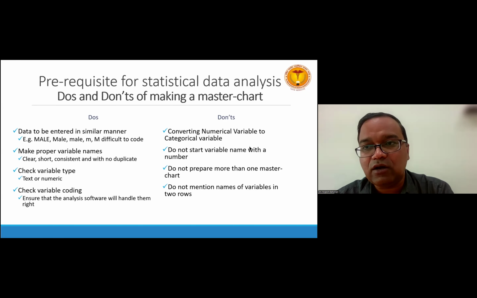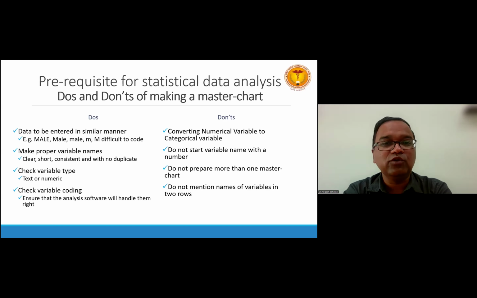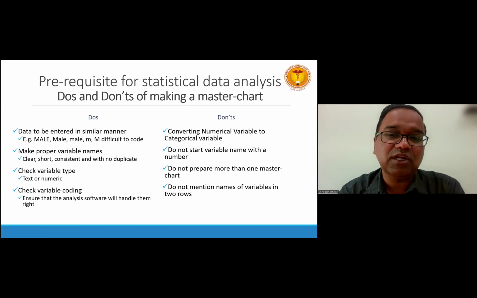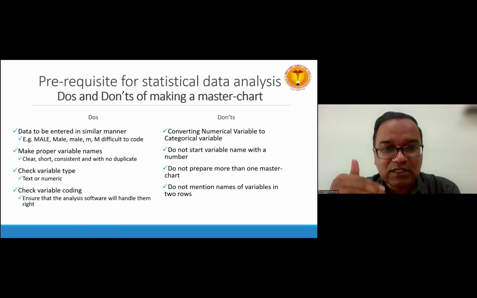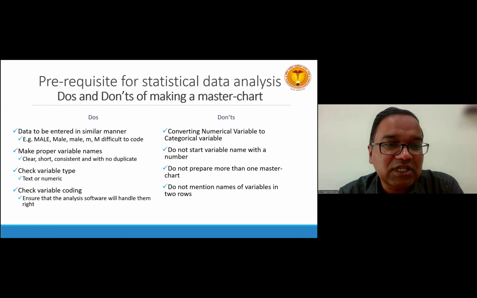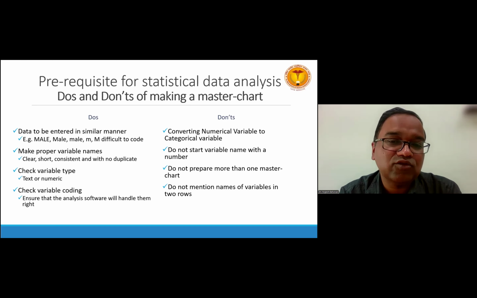Next is, do not mention names of the variables in two rows. A lot of people have this habit of writing, for example, demographic variable, and below that they write sex, age, gender, all this data. The problem with such data is, if you make the variables in two or three rows, the software will take only the first row as the variable name row.